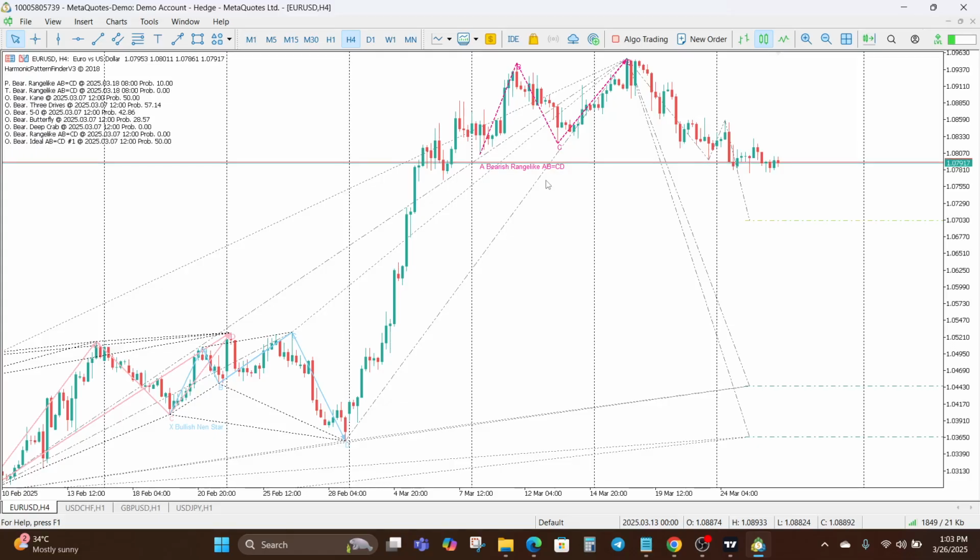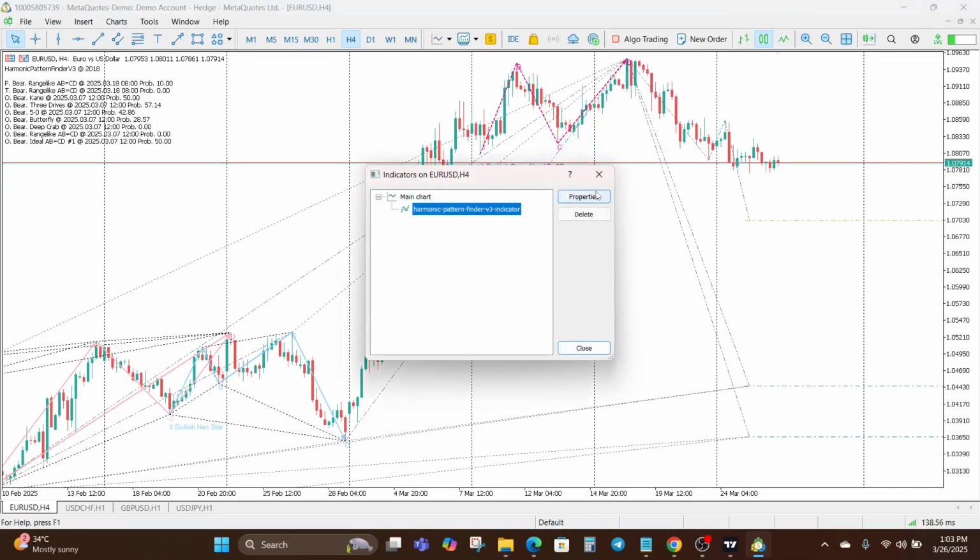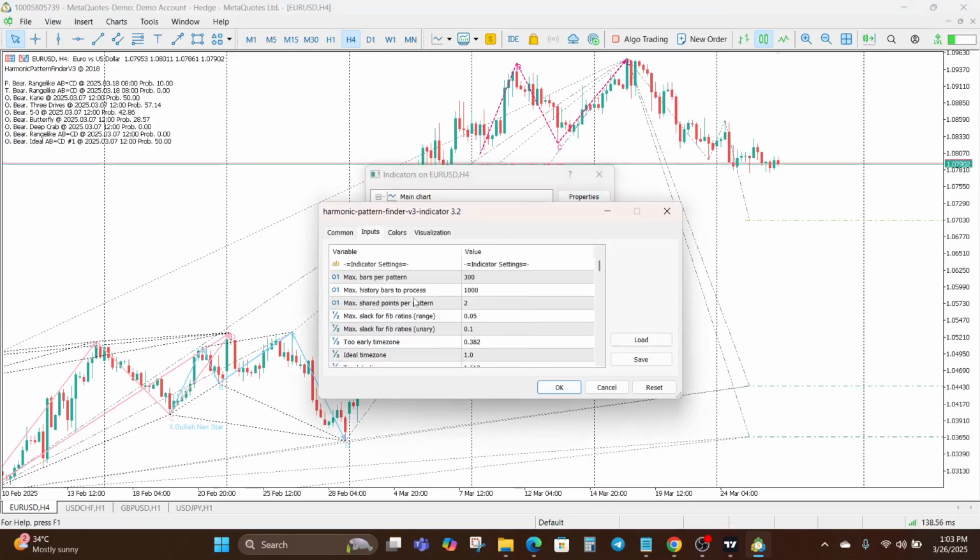Okay, so this means that instead of spending time identifying and drawing patterns, you can focus on analyzing trade setups and making informed decisions.